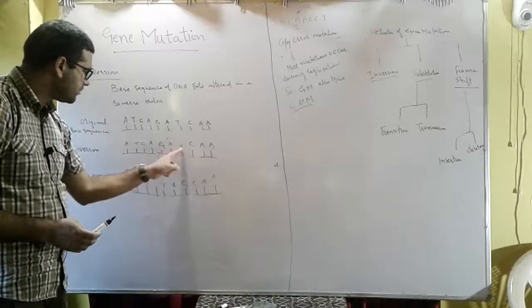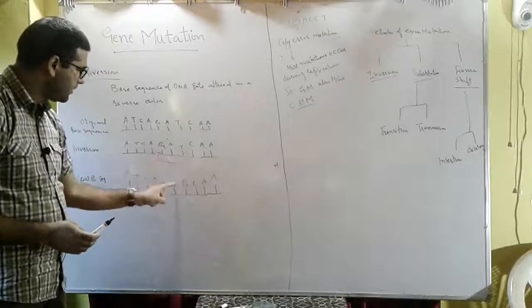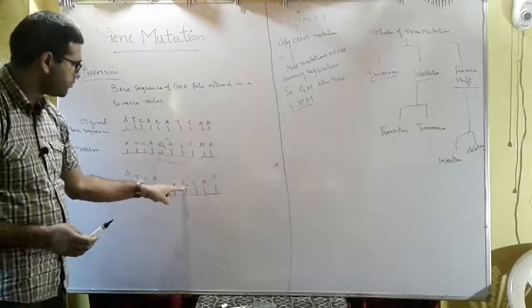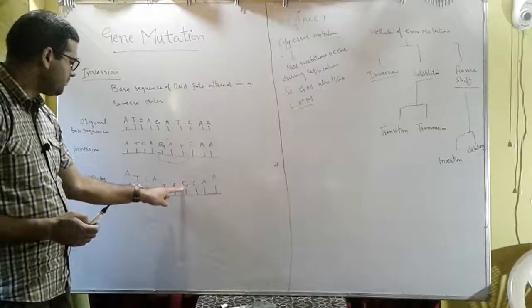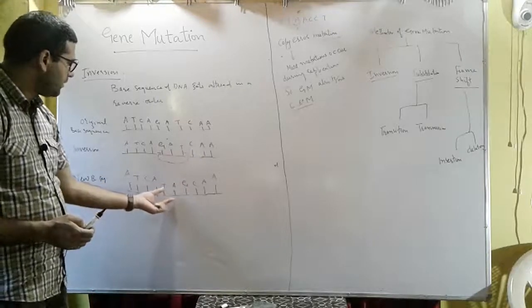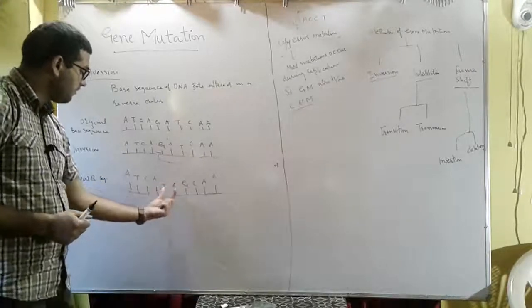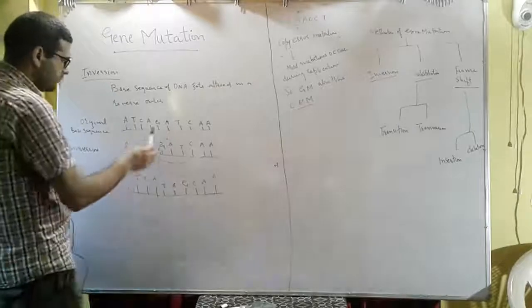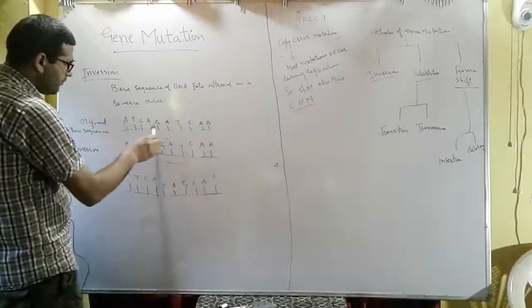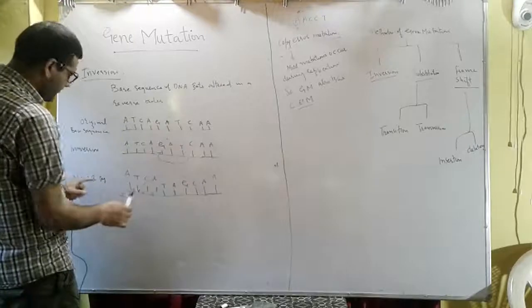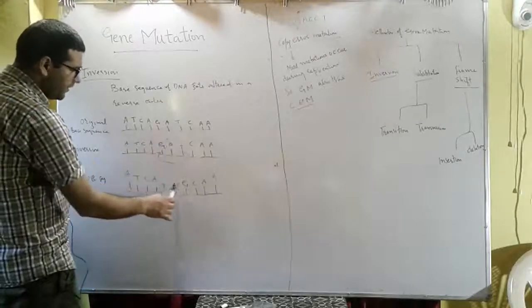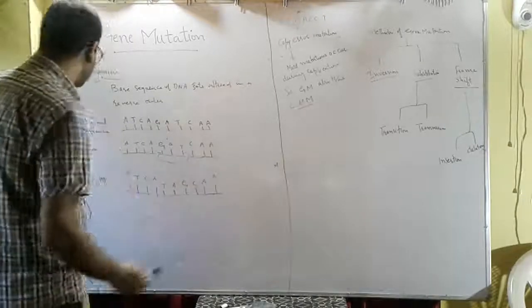As a result, T is now here, A is here, and G has come to this position. So the base sequence of DNA has changed in a reverse order. In the original sequence we have GAT. In the new base sequence we have TAG. So this is an inversion.